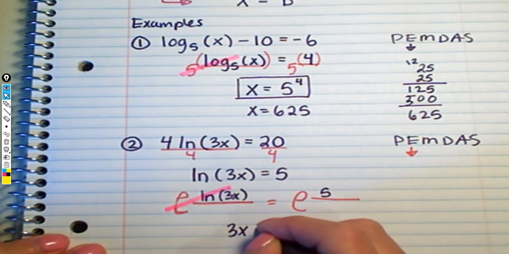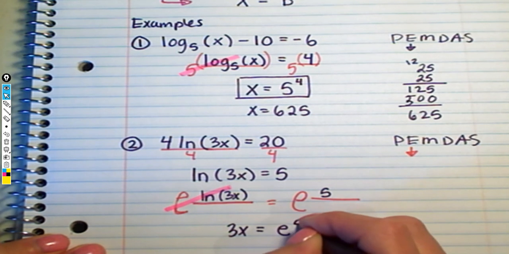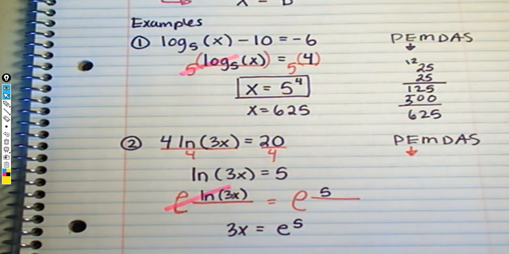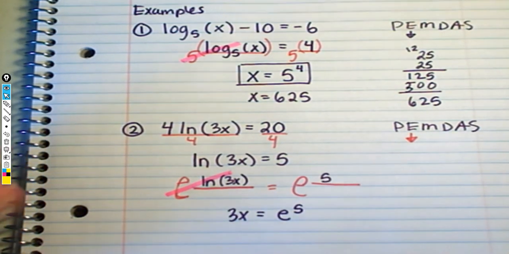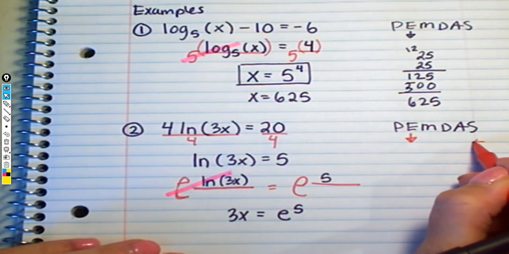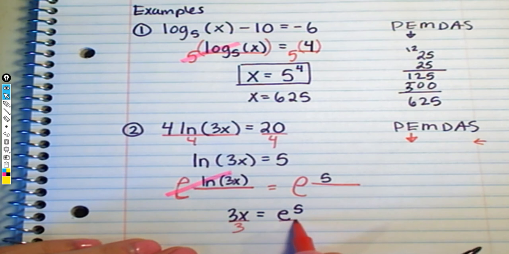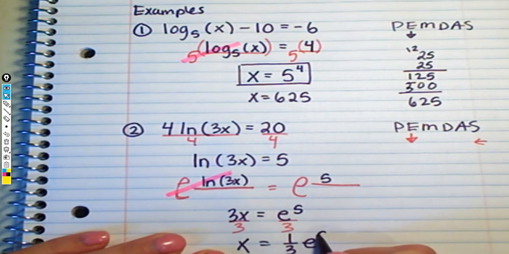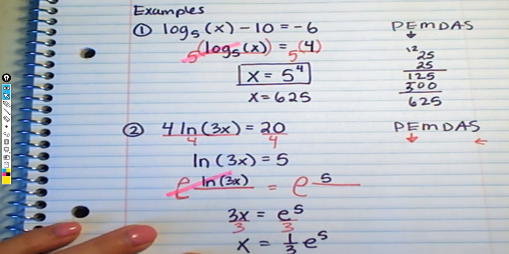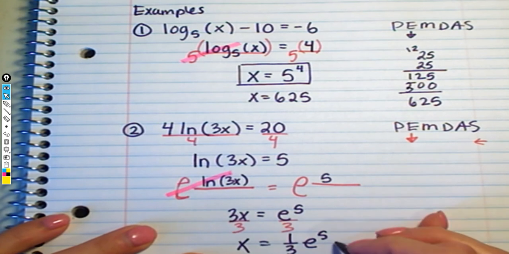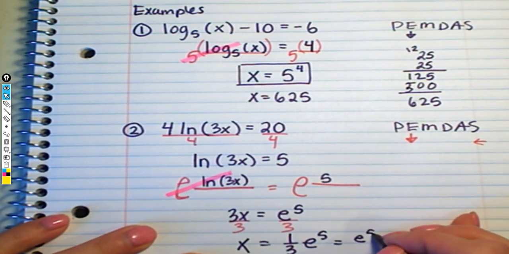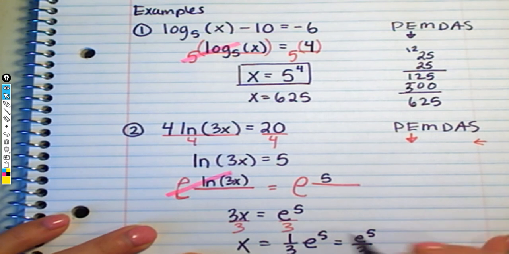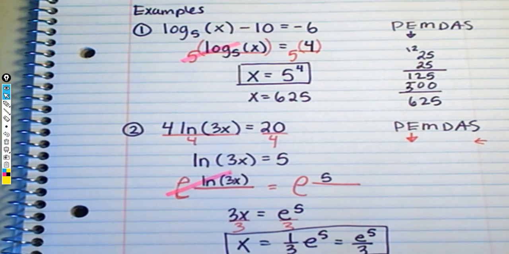So I get 3x equals e to the 5th. Now I'm not quite done getting x by itself. So I'm going to divide by 3. Personally, I prefer to write this as 1/3 e to the 5th. It doesn't really matter whether you write the e to the 5th on the top and the 3 on the bottom. They are equal.